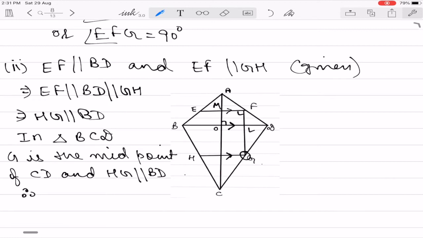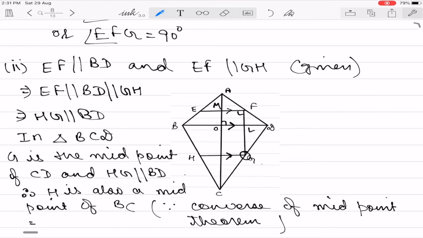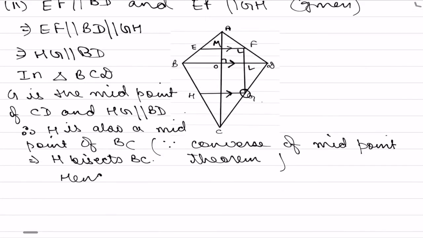The converse of midpoint theorem. Therefore, H is also a midpoint of BC. Give the reason: by converse of midpoint theorem. So when H is the midpoint, that means H bisects BC, and hence proved.